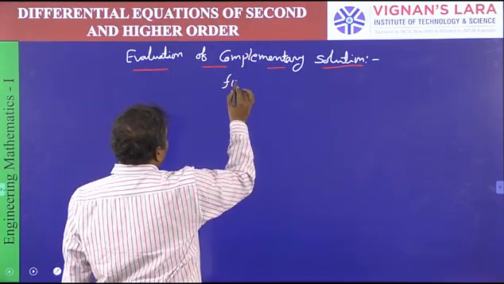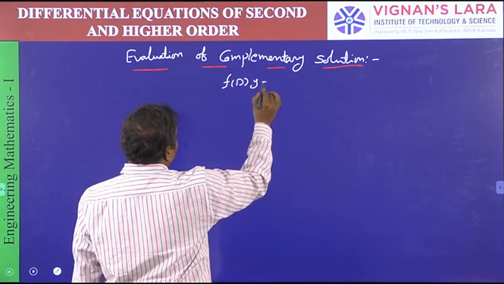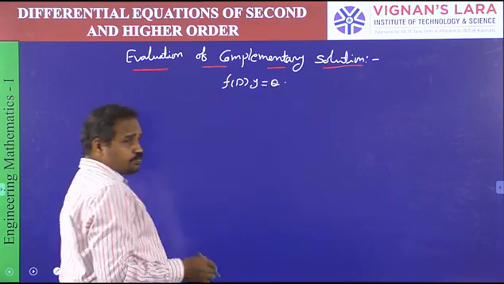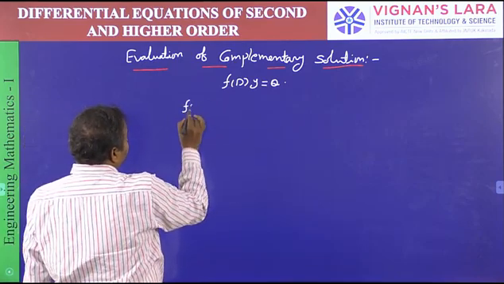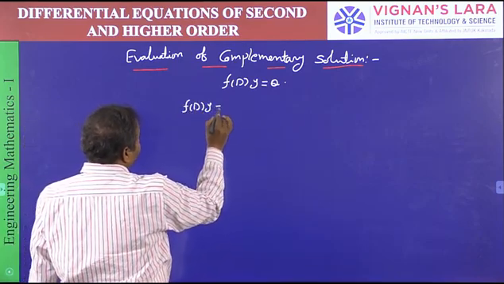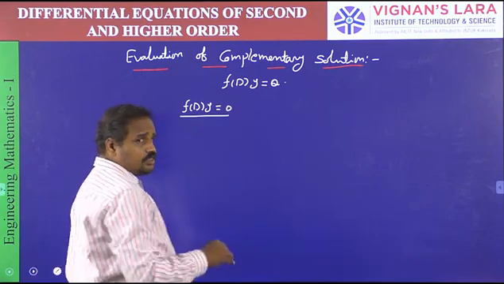Evaluation of the complementary solution is a very, very important topic. How do we calculate the complementary solution for the given equation F of D into y is equal to Q? The complementary solution corresponds to F of D into y is equal to 0.